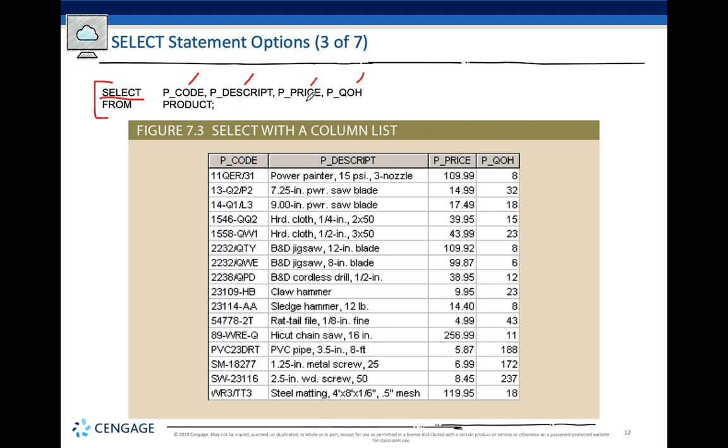These are the 4 columns that we want to select from the product table. The result of this query is this table here. Here we see we have the 4 columns, and once again we have all the rows from the table because we have not specified any limiting criteria in the where clause. So we'll look at the where clause soon.